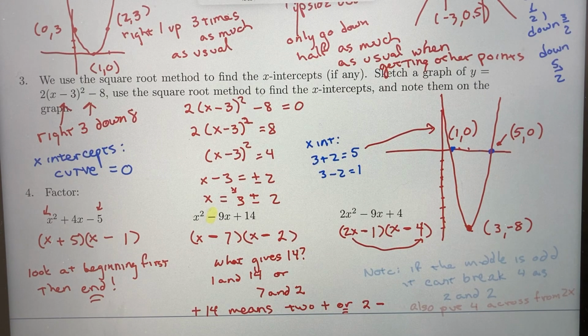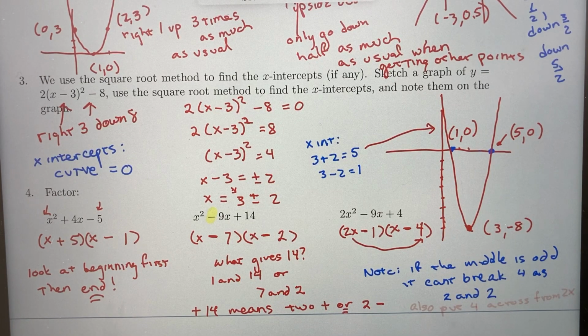So a little note. You can't break 2 into 2 if you want to get an odd number in the middle.